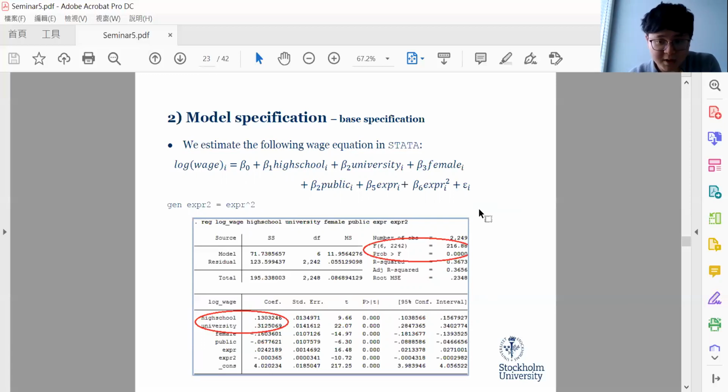Now you see the coefficients, and all of them are significant. The F statistic is 216, which shows that the null hypothesis is rejected, so at least one of them has an impact on wage.